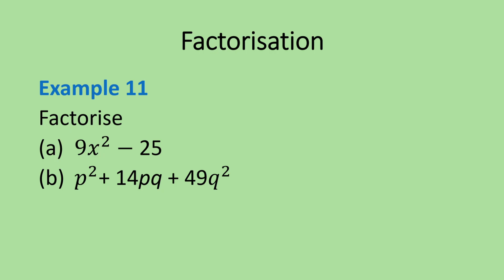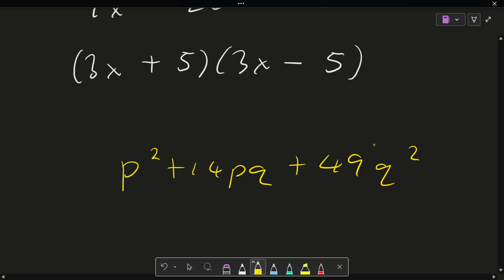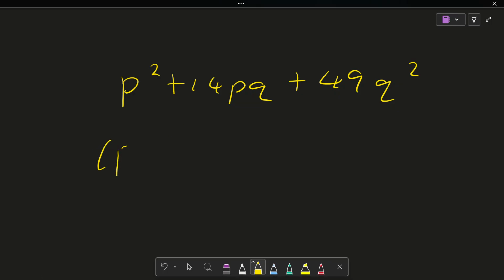Another one, p squared plus 14pq plus 49q squared. So basically here you put p and p.